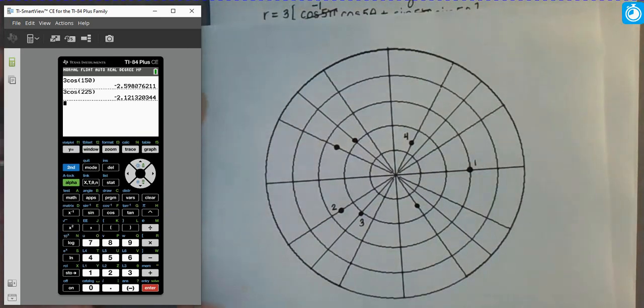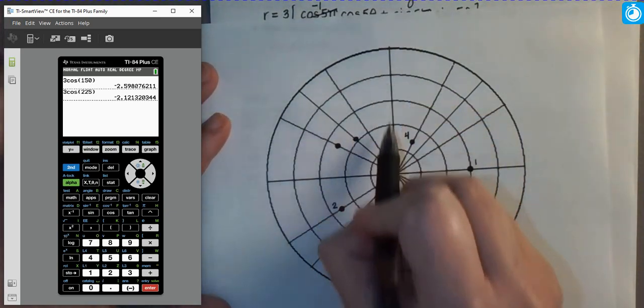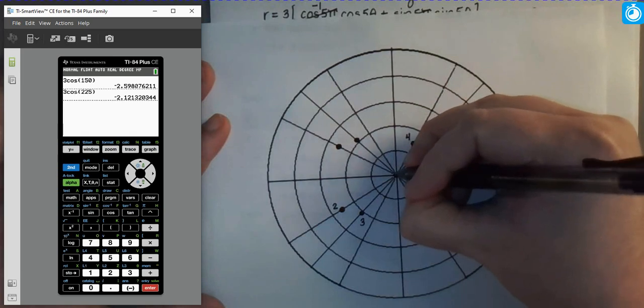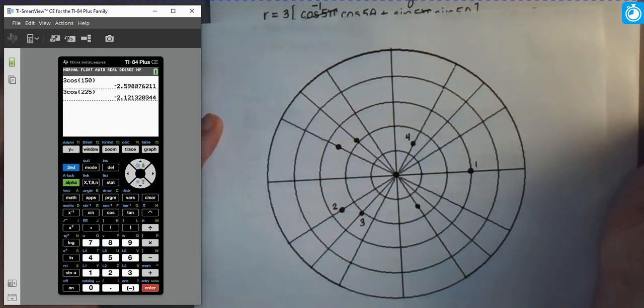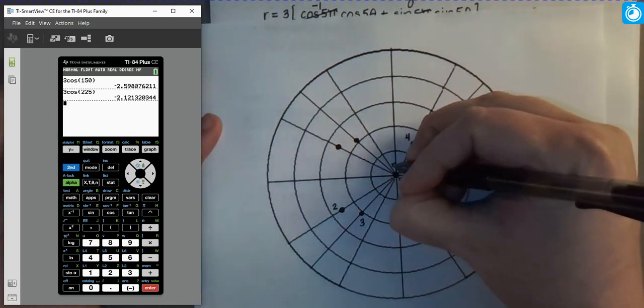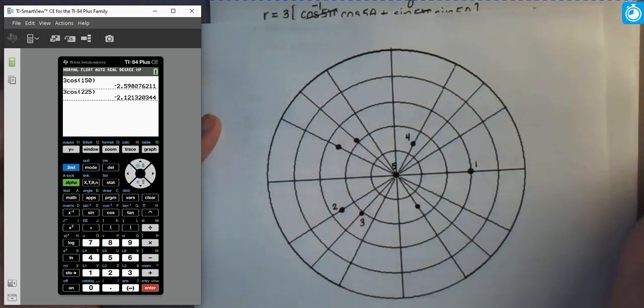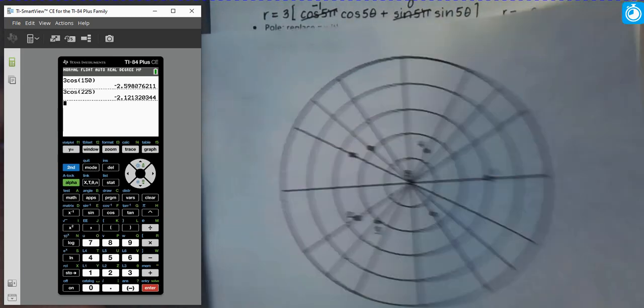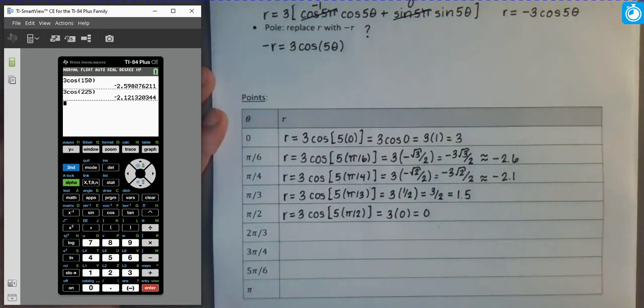So at pi over 2 radians, our r value is 0, which means we have a point here at the pole. So that is going to be our fifth point. Okay, let's keep going. Again, it looks kind of messy. I promise everything is going to make its way together and it's going to be a nice pretty graph. And we'll see all the symmetry and execution when we actually connect our dots.